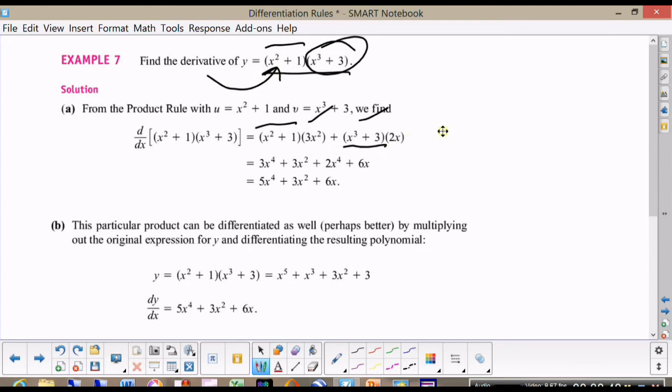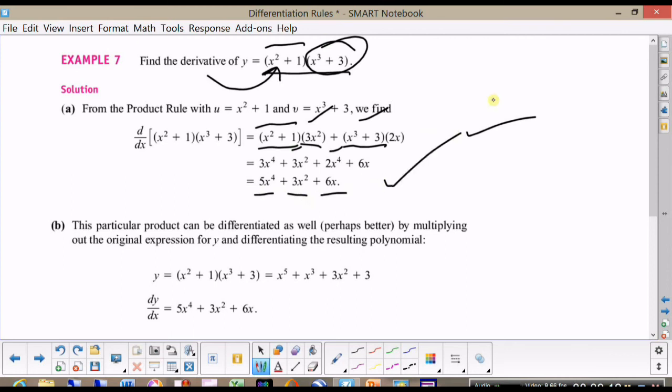Now, to simplify the answer, you distribute the 3x squared into the x squared plus 1 and get 3x to the fourth plus 3x squared plus 2x to the fourth plus 6x. Combining like terms, you get 5x to the fourth plus 3x squared plus 6x, and that's the answer.